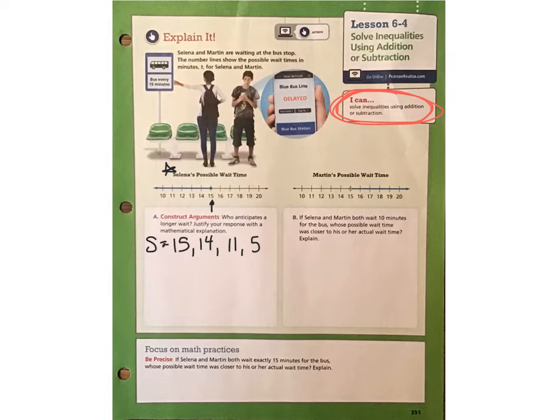It also includes any number between those whole numbers because there is shading also between the whole numbers. So Selena's wait time could best be described as anything that is less than or equal to 15.